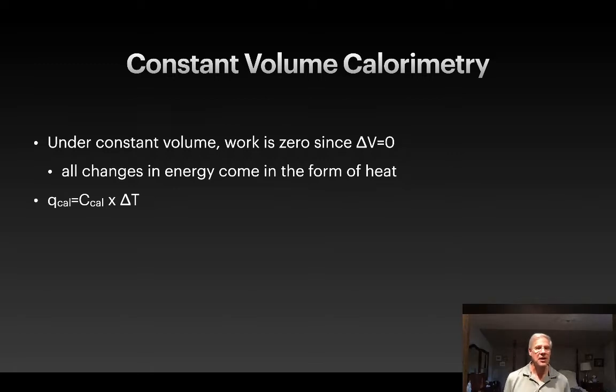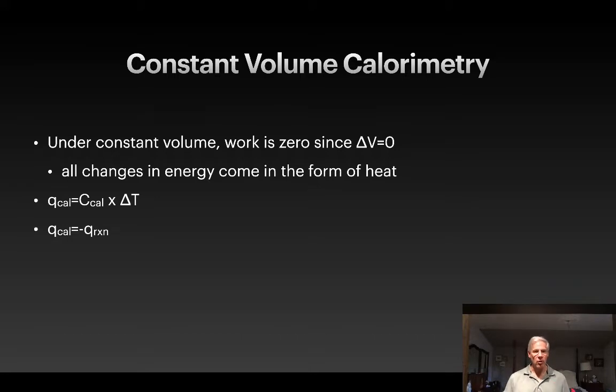Now just some simple equations here. We do have to worry about what's the heat of the calorimeter. The calorimeter itself has a specific heat. Generally, it's very high. We don't want our calorimeter changing temperature, so usually it's a highly insulative material, but it doesn't matter. There's nothing that is perfectly insulating, and so it will change temperature just a little bit. So a calorimeter gets calibrated, and we can figure out how much heat was absorbed by the calorimeter itself.